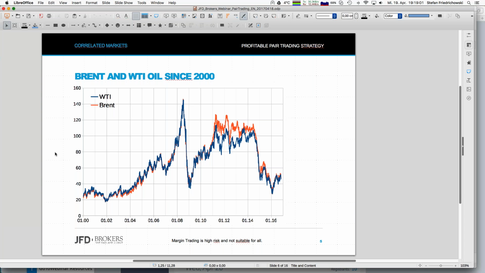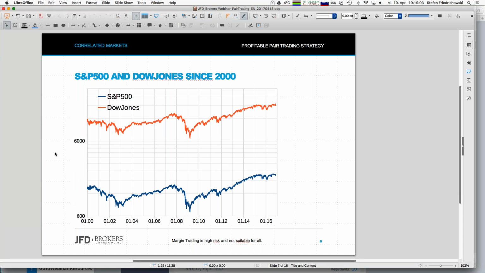Let me introduce another example, with totally different prices. One is the S&P 500, the major index of the United States, and the other one is the Dow Jones in red. Right now we are at a level of about 20,000 for the Dow Jones and 2,200 or so for the S&P 500.